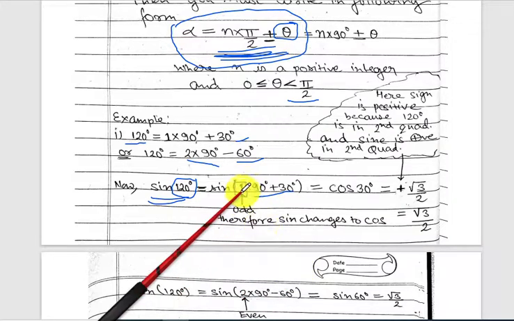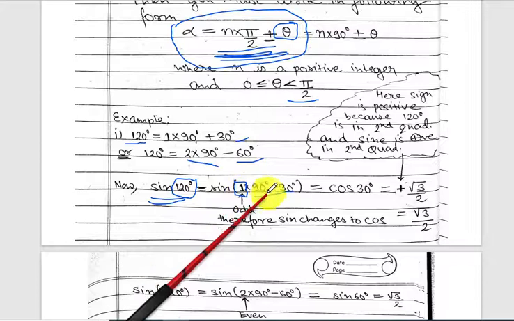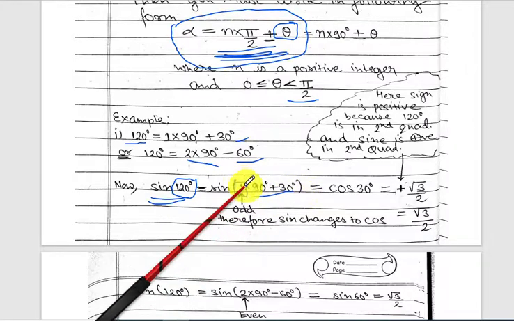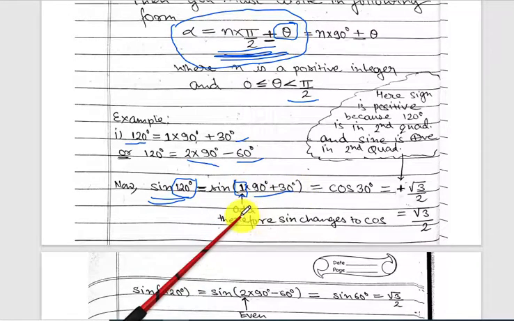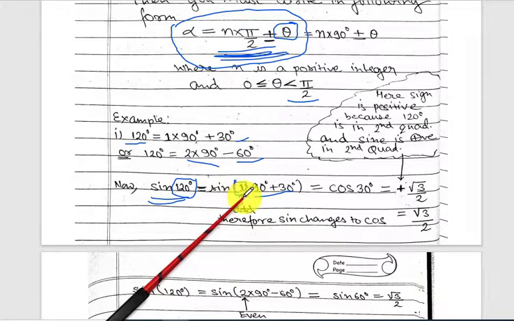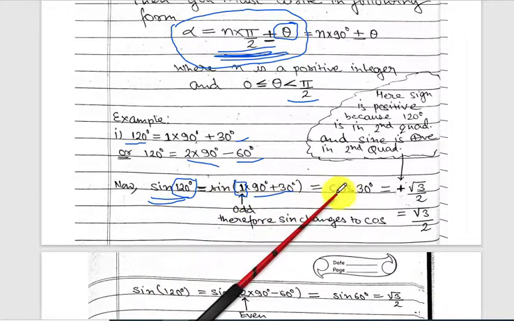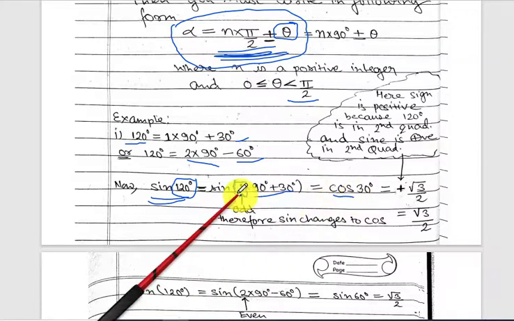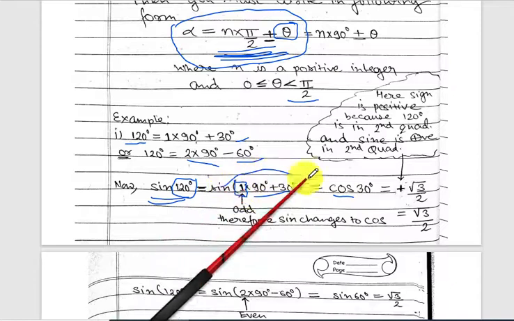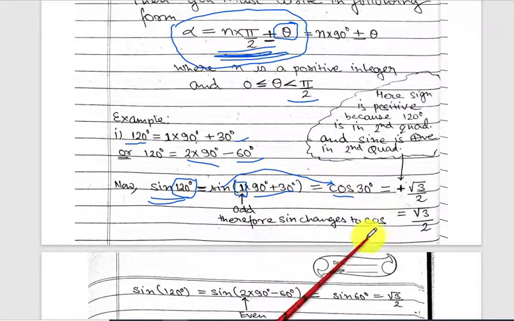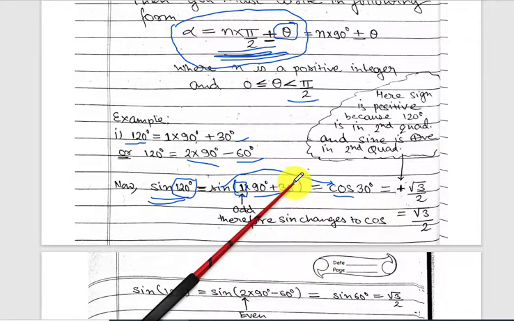Right now we have 1 over here, which is odd. So since it is odd, sine will change to cos, and no matter what sign you have over here, plus or minus, you simply copy it after that.